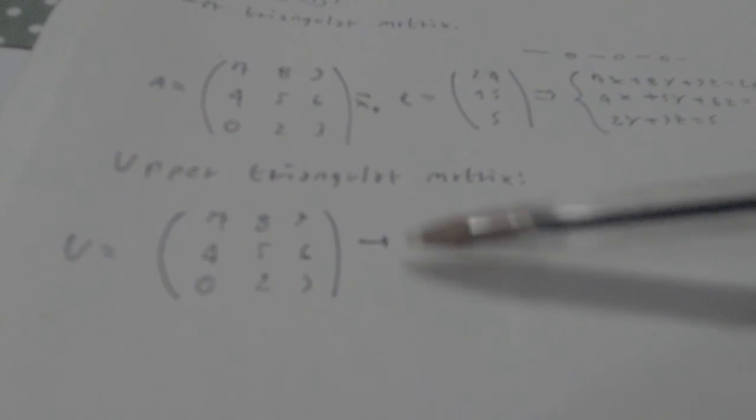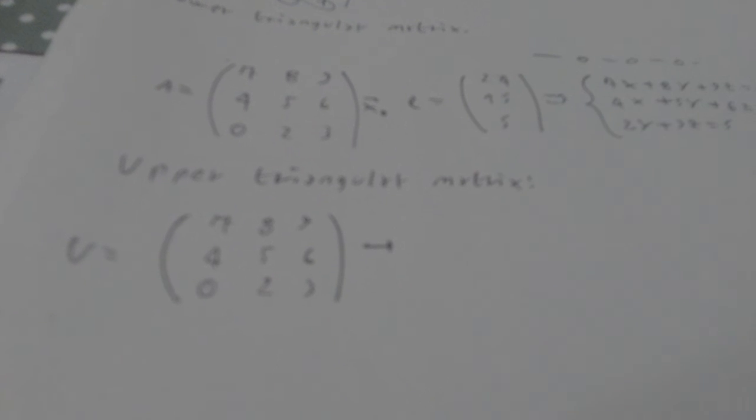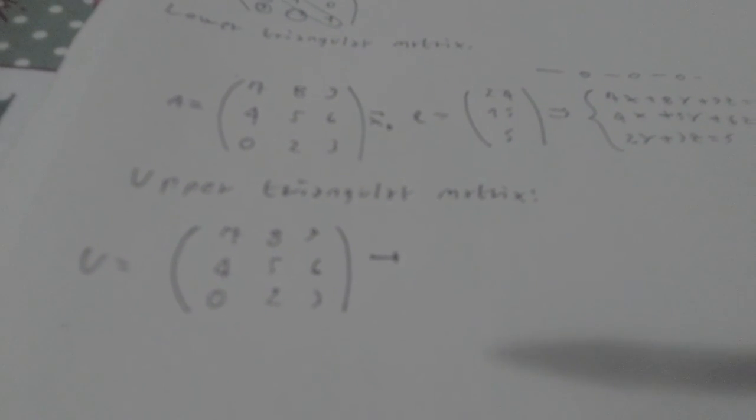Again, we're going to do the exact same thing. We want to do the row reduction in order to have an upper triangular matrix, and we're going to keep track of the multiplicators and use them to find the lower triangular matrix.